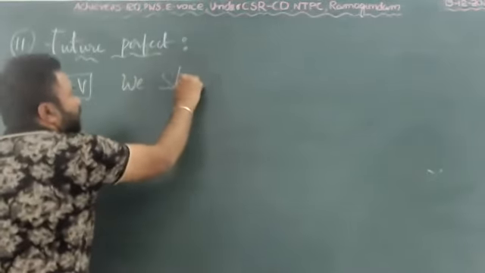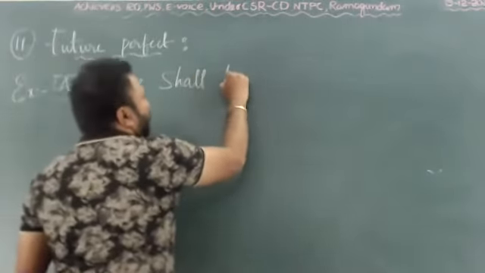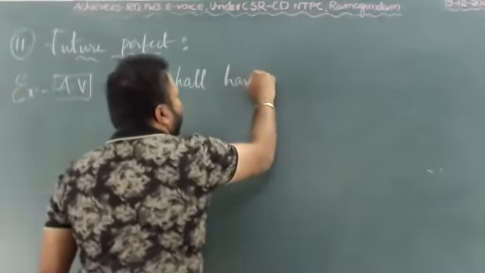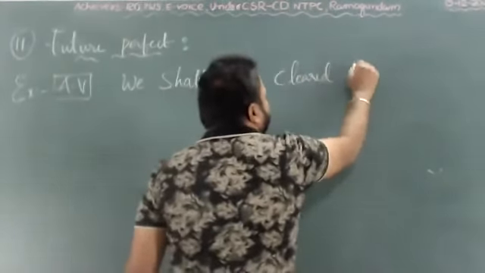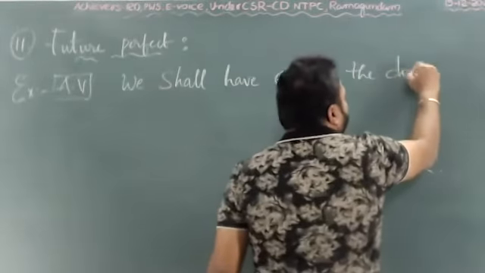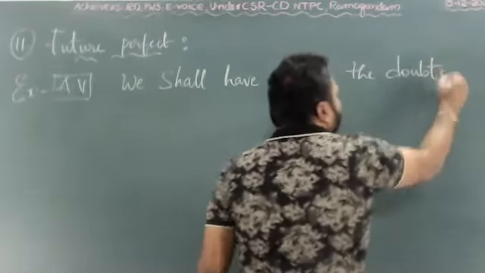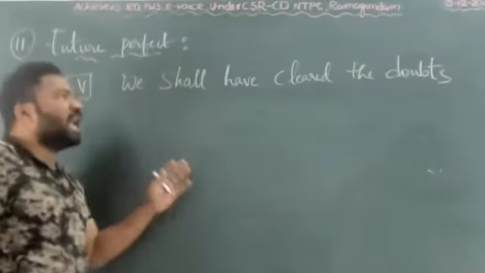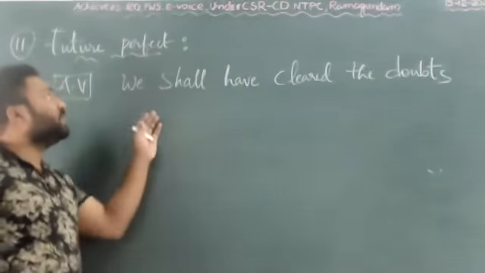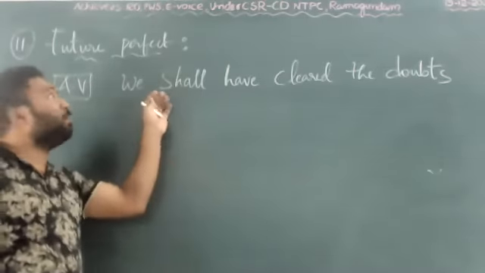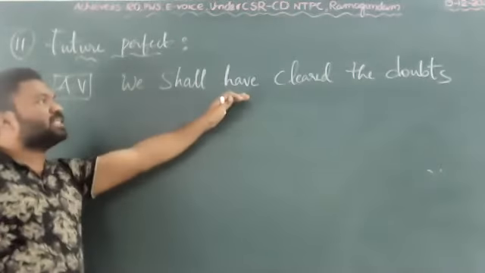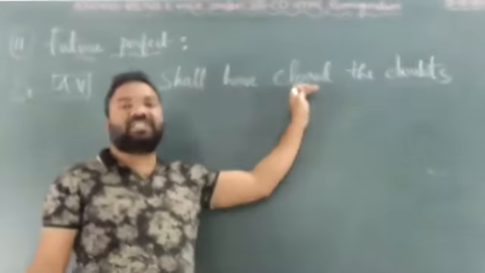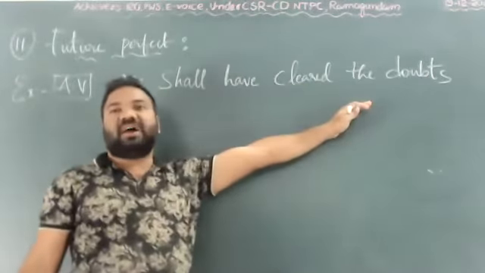We shall have cleared the doubts. We shall have cleared the doubts. This is the absolute example for future perfect. Subject, shall plus have plus cleared, which is V3, the doubts.